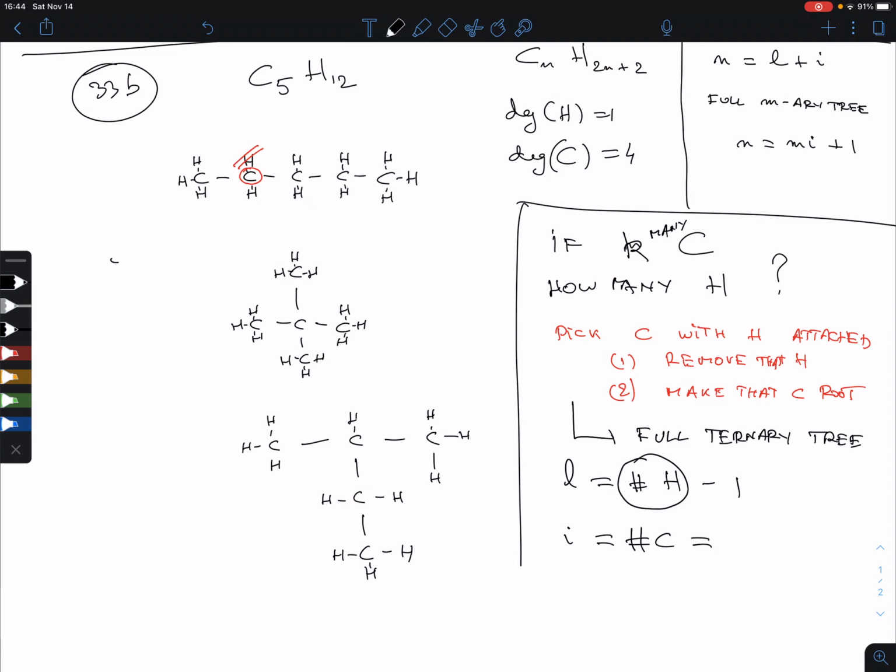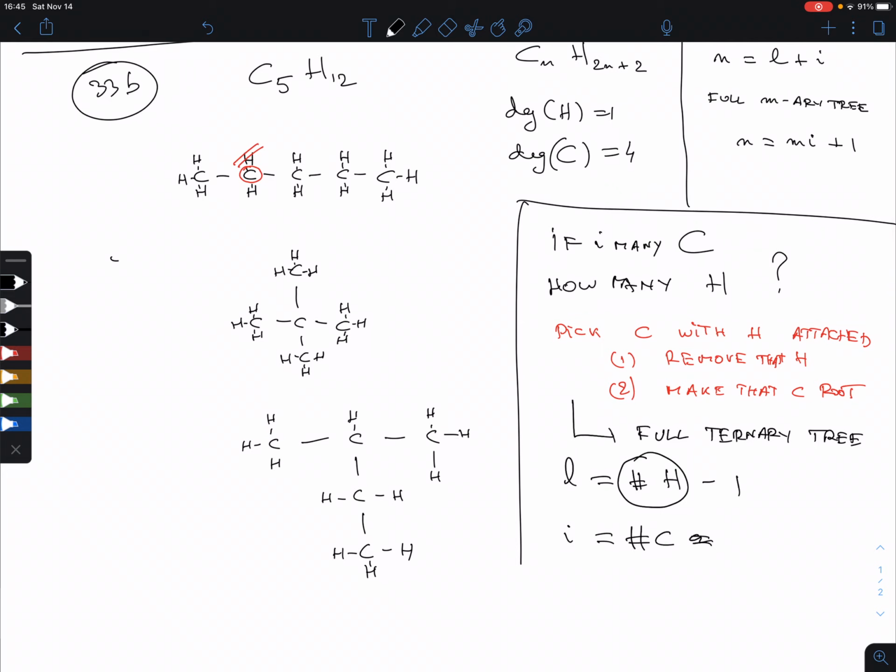Let's call this just I, because that's what it is. Sorry, the name of this variable here, it's better to kill this. If there are I many C's, and I in this case corresponds exactly to the internal ones, because the C's are the internal ones and nobody else is internal, because the H are leaves. The H are the leaves and the C's are the internal ones. It's very simple. Okay, so that we know.